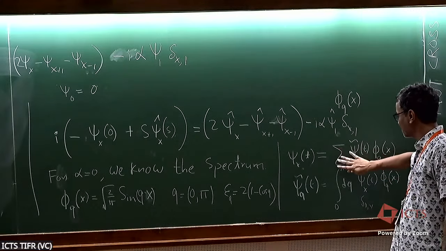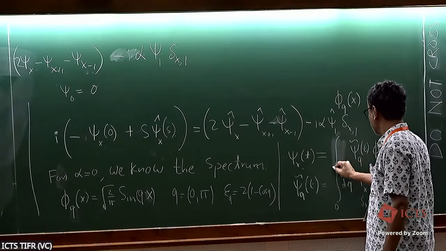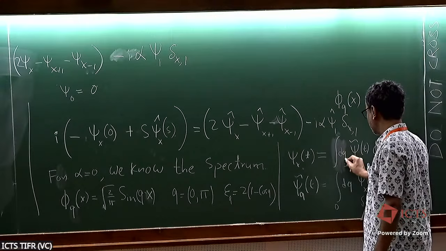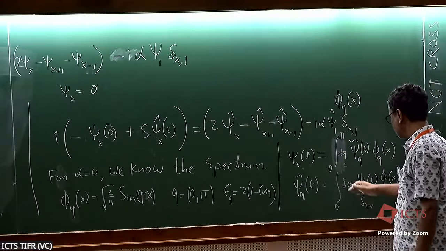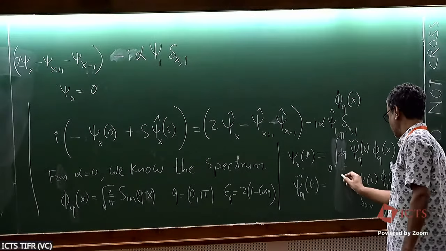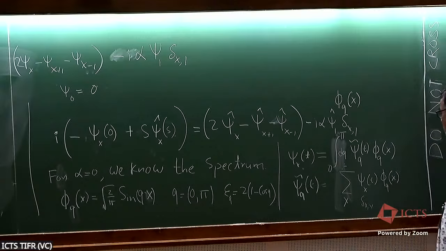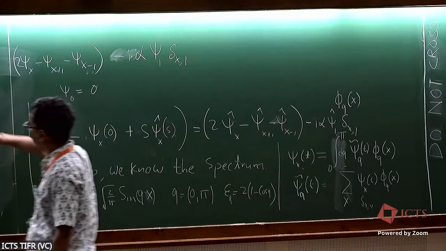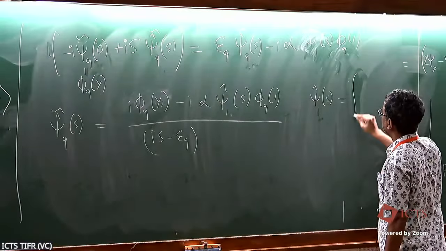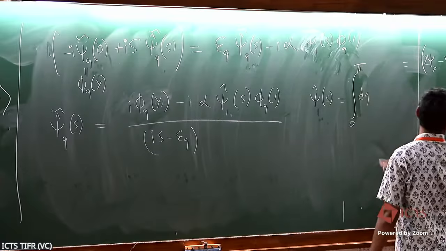This should be an integral, because q is continuous from 0 to pi, and this should be a sum. Okay, right. So psi 1 hat s is an integral dq from 0 to pi.